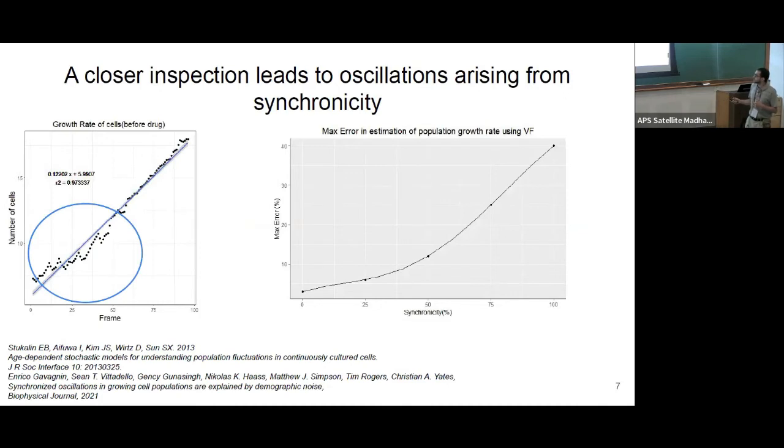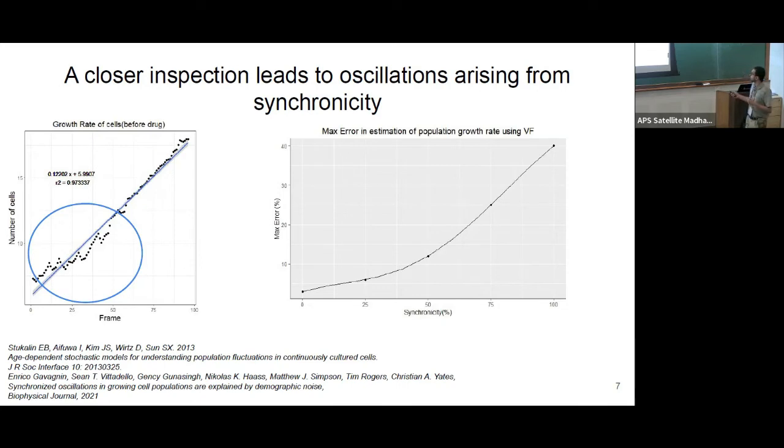And interestingly, what these oscillations led to was a phenomenon of synchronicity in the cells: how similarly aged the cells are at the time of seeding. And this synchronicity had a very strong impact on the error, the deviation in the estimate from von Foerster to the actual population growth rate, which is nothing but the regression fit of the experimental value.